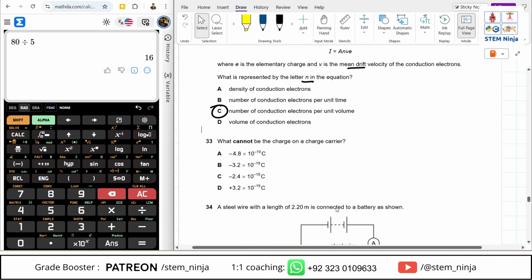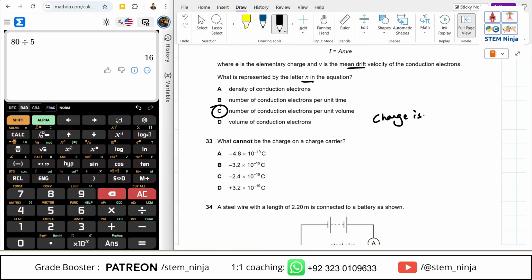What cannot be the charge on a carrier? Okay, this is simple because charge is quantized, meaning that Q, any charge, is going to be some integer multiple of the fundamental charge, Q equals n times e, where n is from the integer number set.